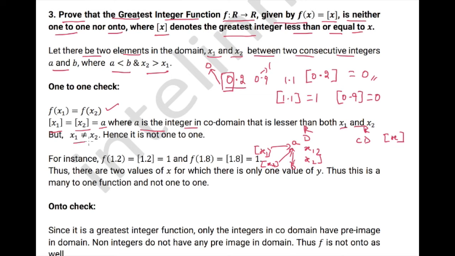But x1 is not equal to x2. So after this operation we didn't get x1 equal to x2. What we got is that both these numbers point to a.